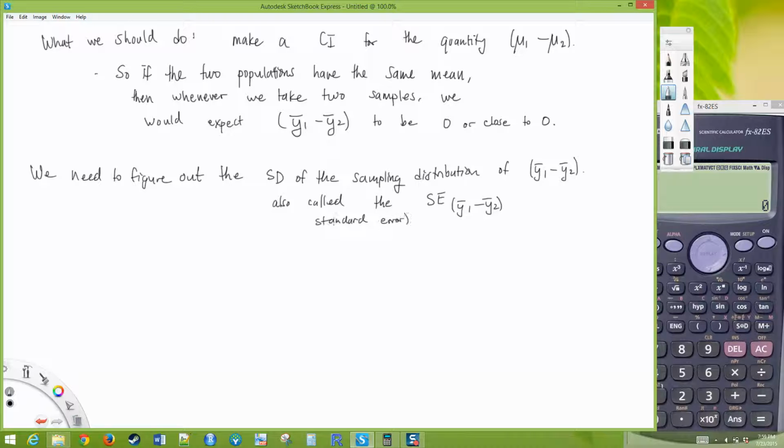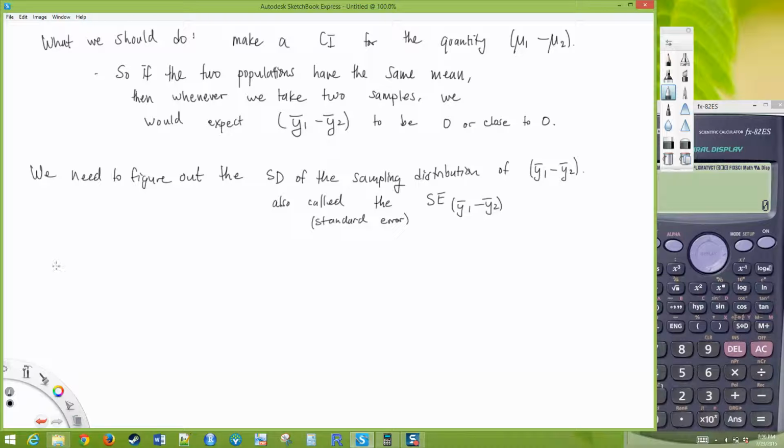Okay, and so if you're trying to find the standard deviation of something where you're combining two things, you don't just add the standard deviations together. You have to add the variances together. So let's take a step back.